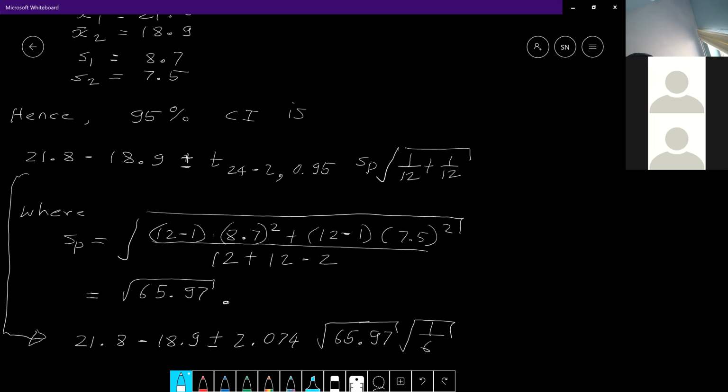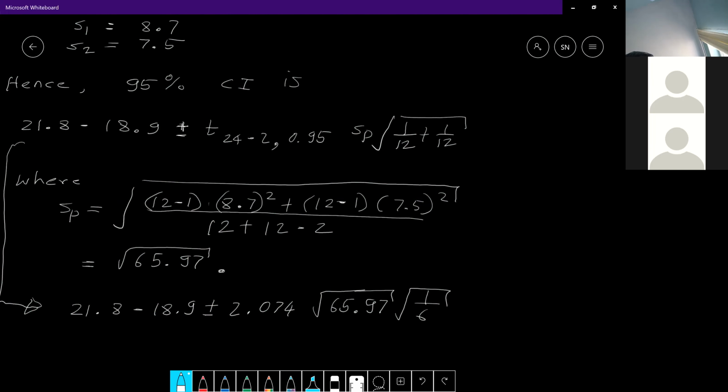Okay, so this is what you have, and you should simplify this. If you simplify it, you will get minus 3.98, comma 9.78.